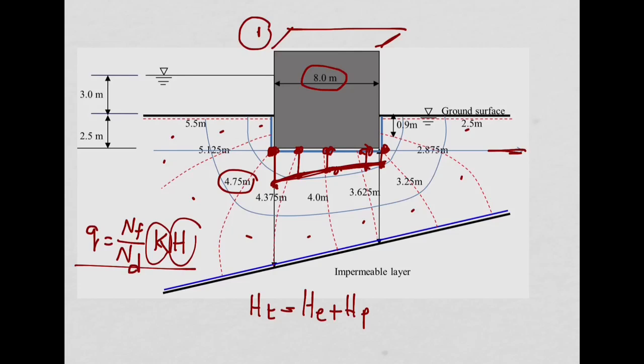We get it using the equipotential lines, because they tell me the pressure head at any point. Pore water pressure is equal to pressure head times gamma water. So I get the value for all of these points, take the average, multiply by 8 times 1, and that gives the uplift force. Thank you very much.